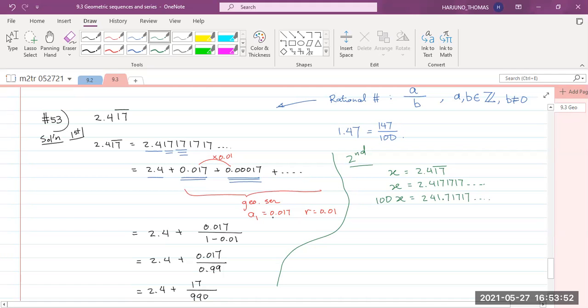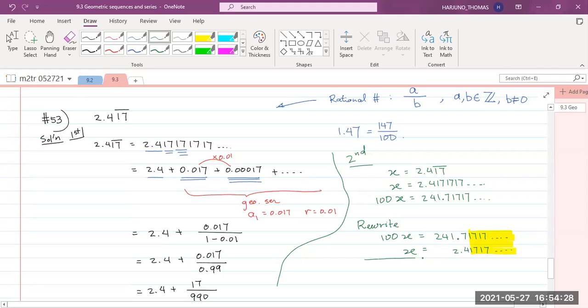Now let me rewrite it. 100x is 241.71717 and on. While x, I will line up the decimal point. Notice that this part here cancels. You see that?